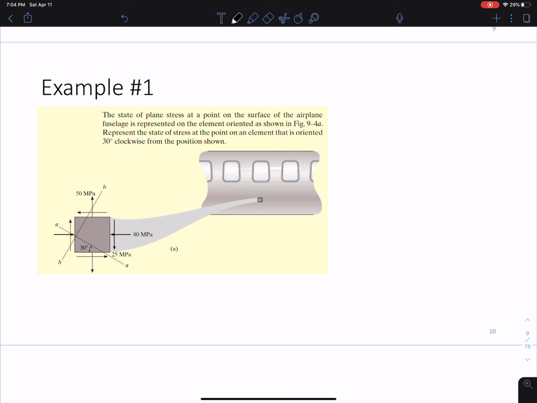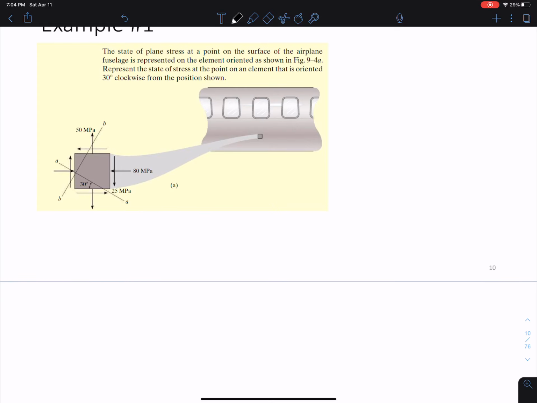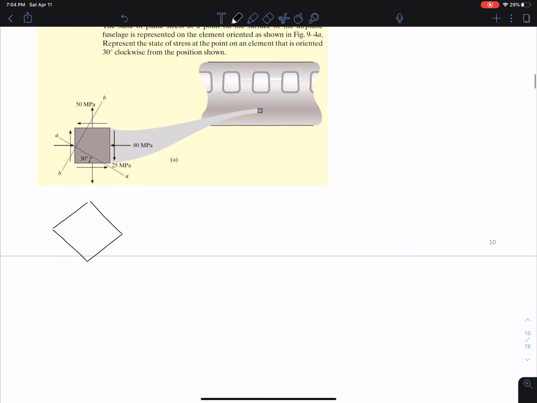Okay, so this element is already sectioned off for us. I'm going to first draw this rotated element. Basically, this element goes from this to a rotation of 30 degrees that looks like this. And we have this AA cut and this BB cut. We want to obtain the stress components, and we need to first section the element by that cut AA.